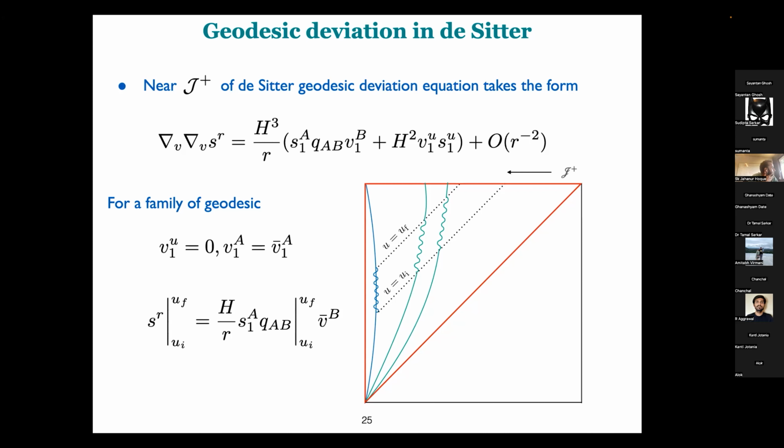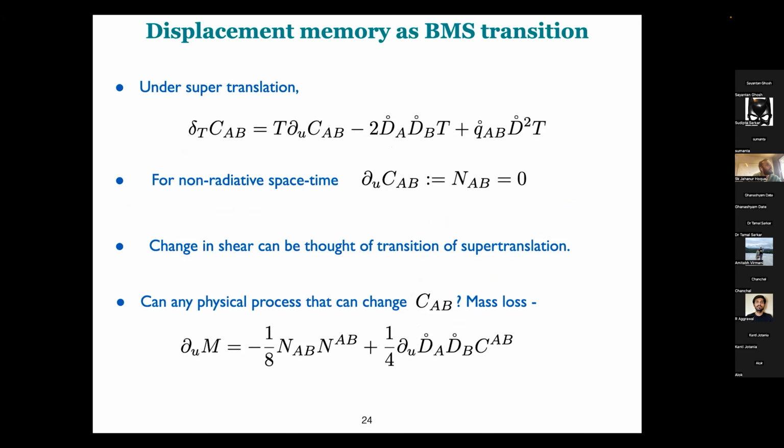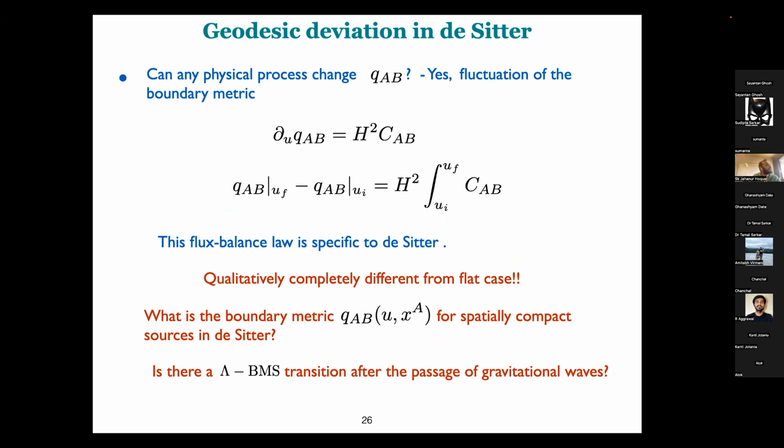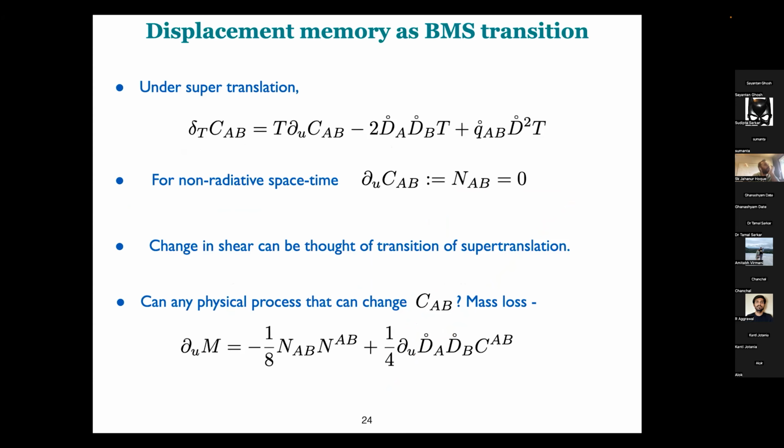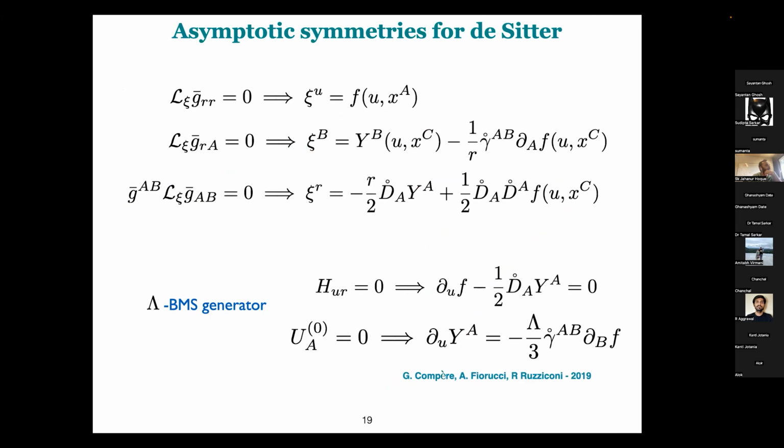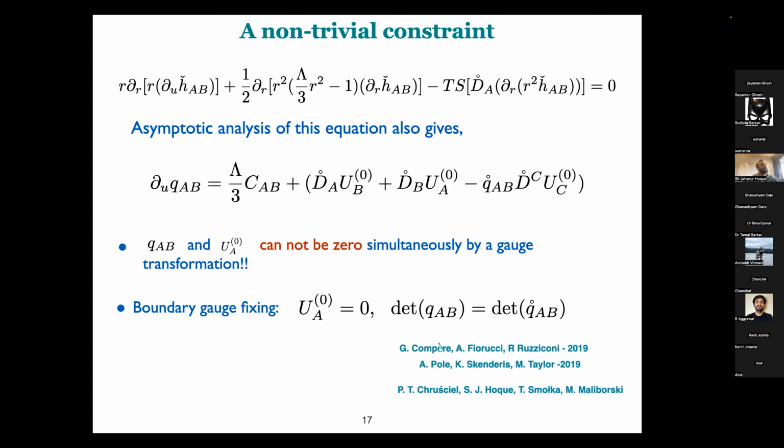Yes. And also, what I want to mention further is that you can ask whether this QAB can be changed by some sources, then you will get a simple equation from this constraint equation actually. So if you look at UA equals 0, this constraint equation only reduces to del U QAB equals lambda by 3 CAB, related to the shear.